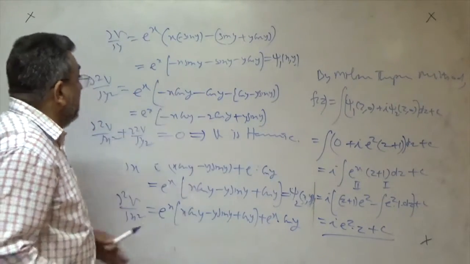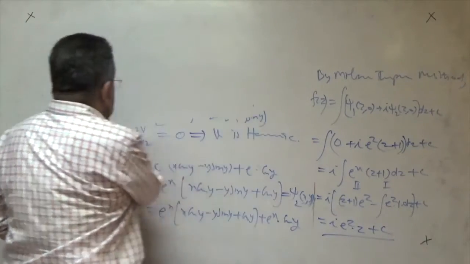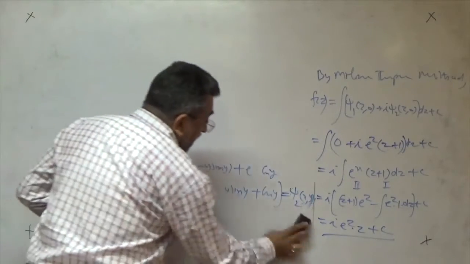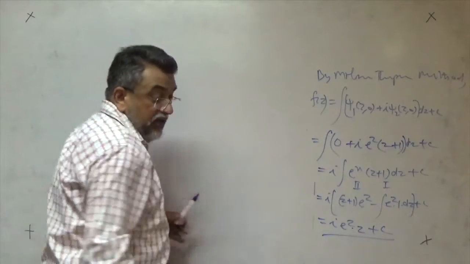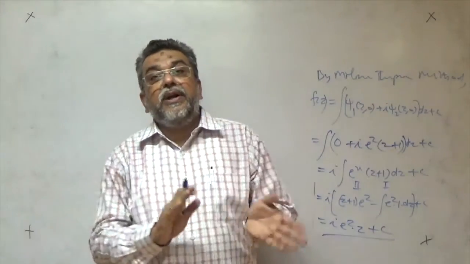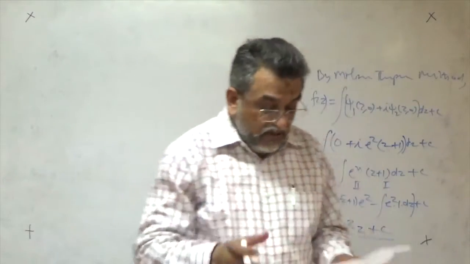Now in this series I am taking the third example, which depends upon your third or fourth case, in which, as I told you, the real and imaginary parts are not given but their difference or their sum is given.